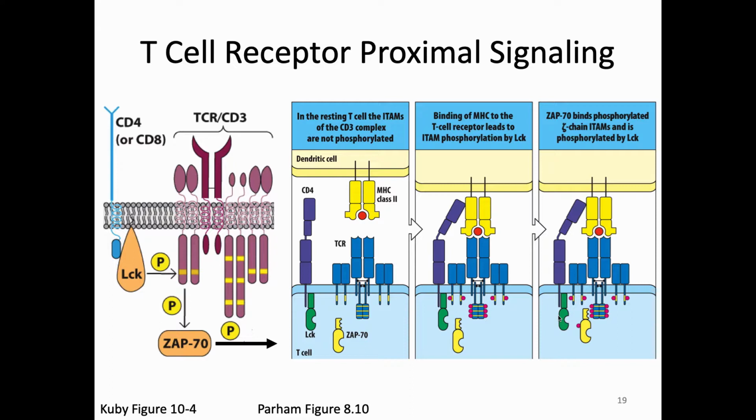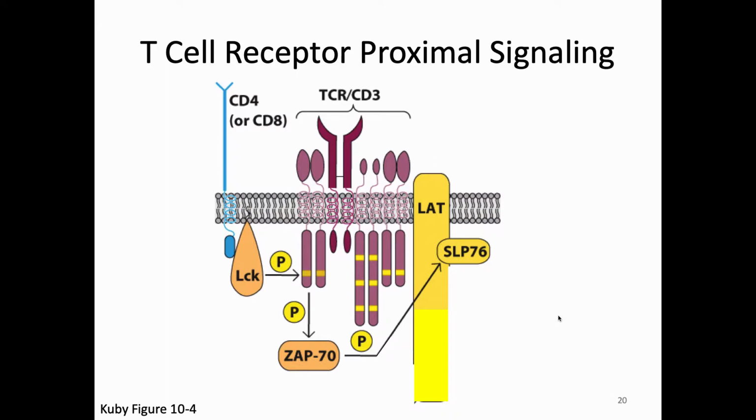Moving on here. At the next step, we stop having some kinases. We move to a different kind of protein. The two famous proteins that we see next here are called SLP76 and LAT.